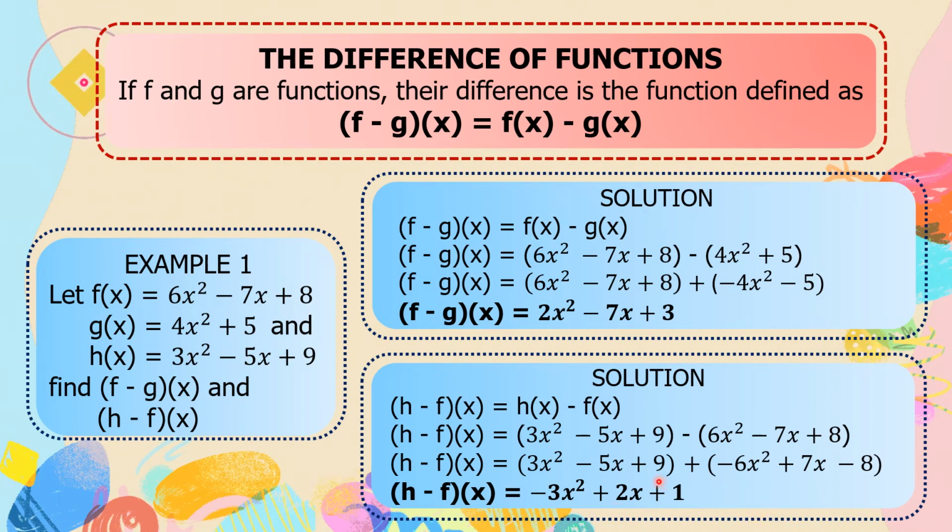And the last constant term, which is positive 9 and negative 8. So, positive 9 plus negative 8 is positive 1. So, yung difference ng h at f of x natin ay negative 3x squared plus 2x plus 1.